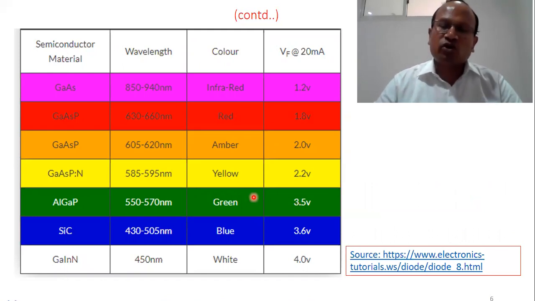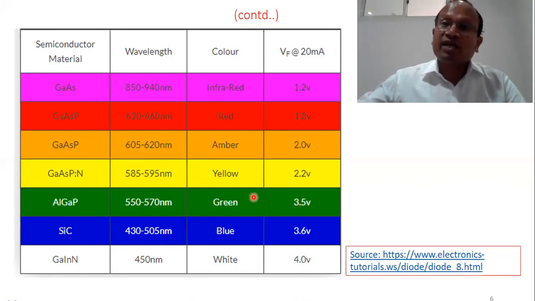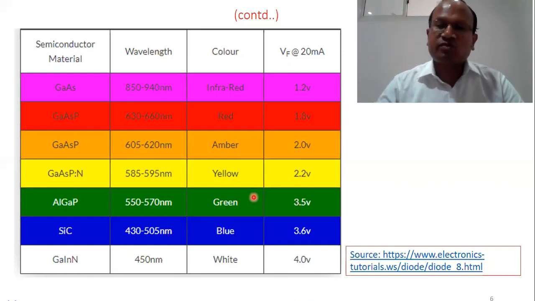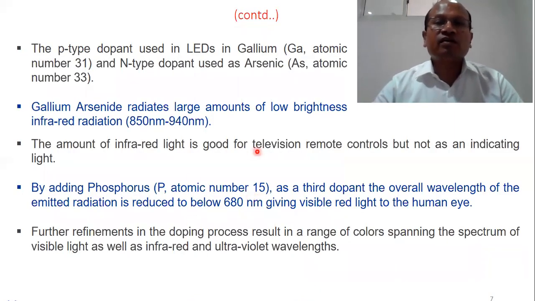Remember, when you use the remote control of your television, the light which is generated by your remote control, you cannot see. But with the pointer which you see sometimes, used to point on a projector, you can see the color when it is traveling. So the intensity is very important. The low-brightness infrared is used mostly in the remote control of TV.